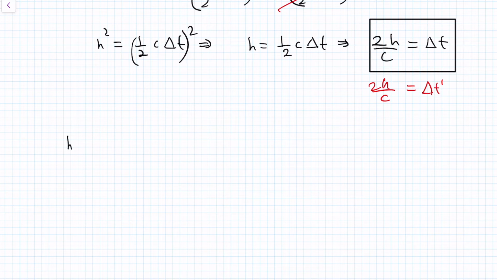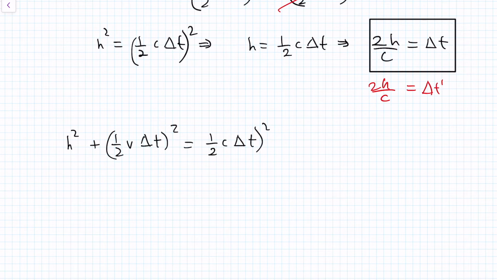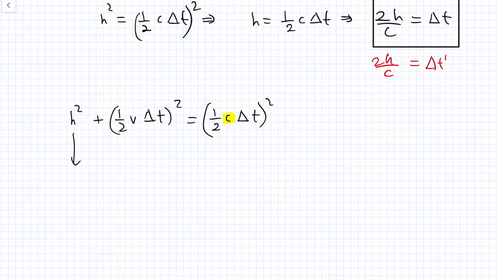We will have h squared plus (1/2 v Δt) squared is equal to (1/2 c Δt) squared, right? So now for the observer at S, the speed of light is the same thing, c. So we substitute in: we know that Δt' is equal to 2h over c.